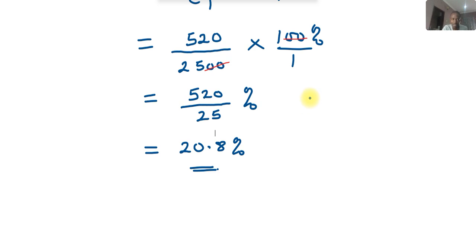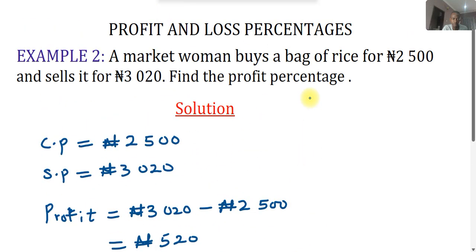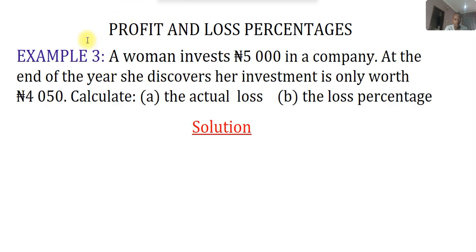Let's proceed to the last question for today. Last question, that is question 3. Now, question 3 does not directly look like buying or selling, but is about investment. So let me take the question. A woman invests 5,000 naira in a company.